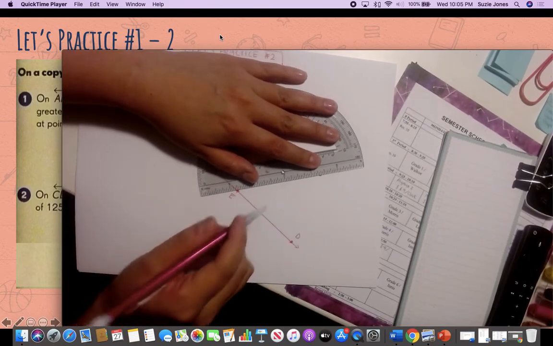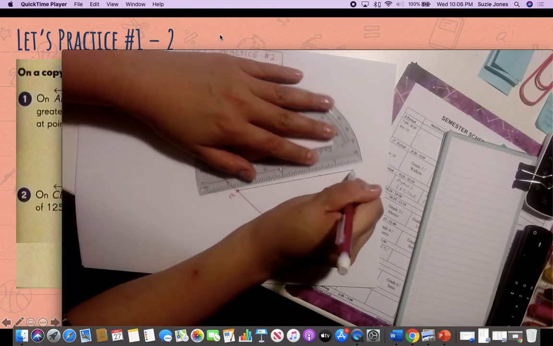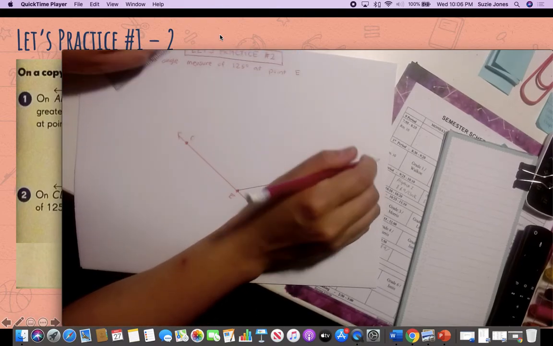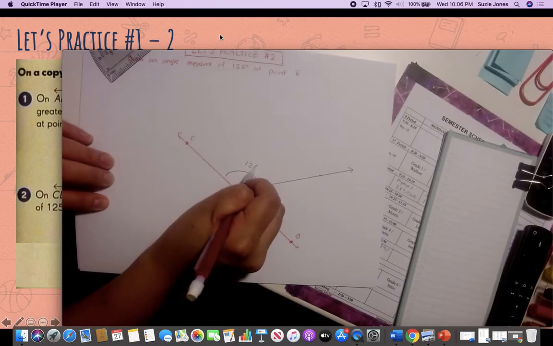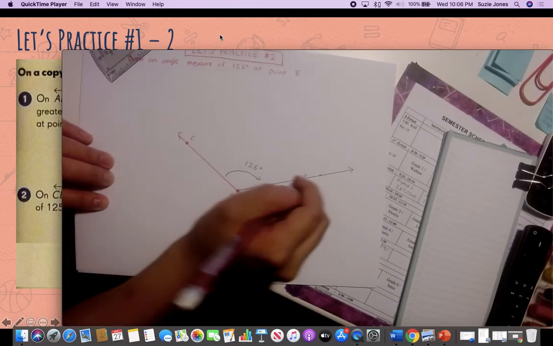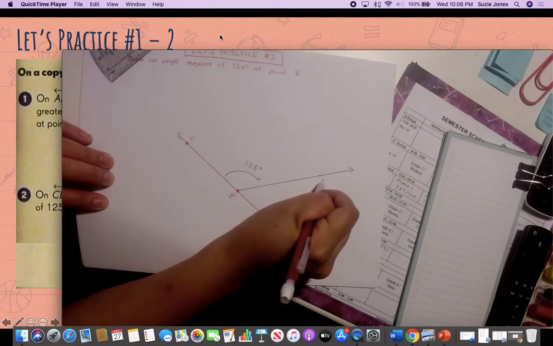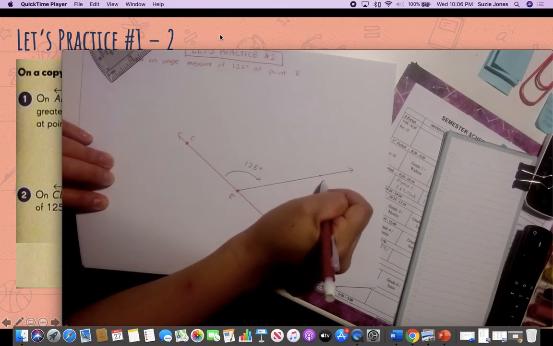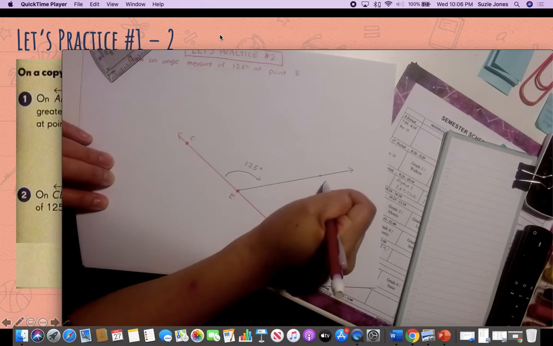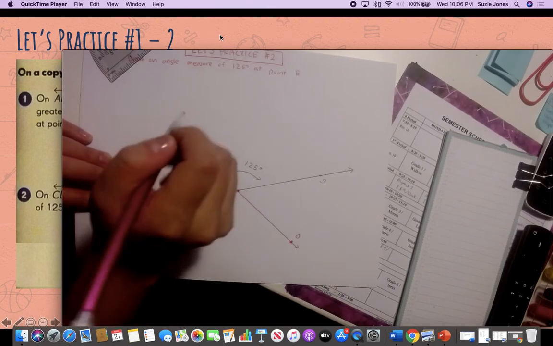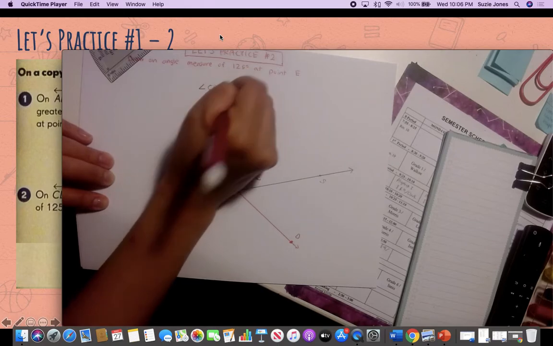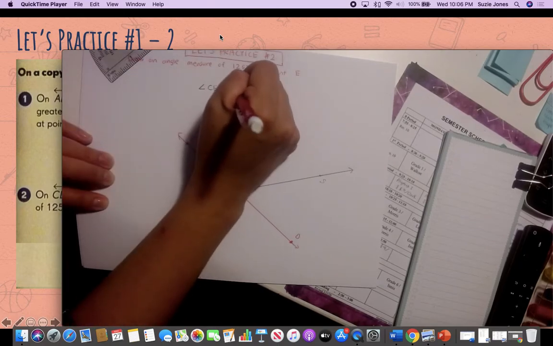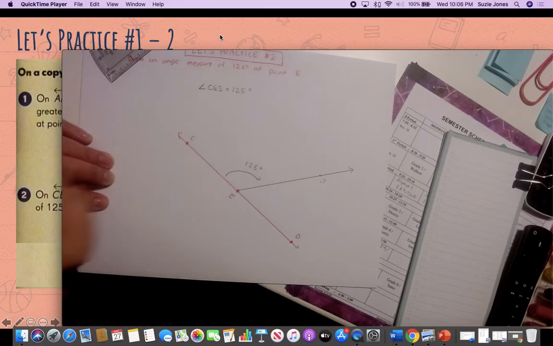So here is my point that shows that. And I'm going to draw a ray from E through that point at 125. And this is 125. And I'm going to label this point, I guess I will say S. So I have my angle CES is equal to 125 degrees.